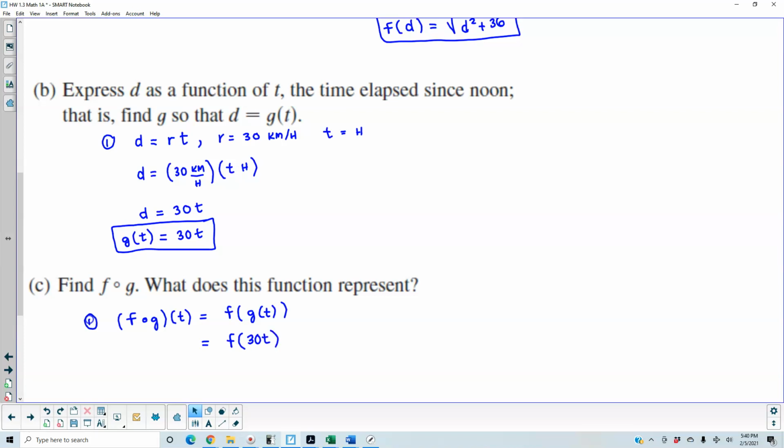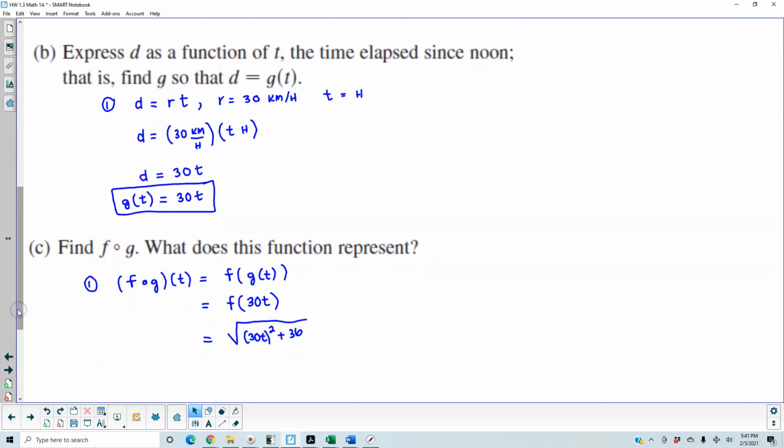And then we're going to plug it into the function up here, which is the square root of d squared plus 36. So therefore, that's going to become the square root of (30t) squared plus 36. So that's going to equal the square root of 900t squared plus 36.